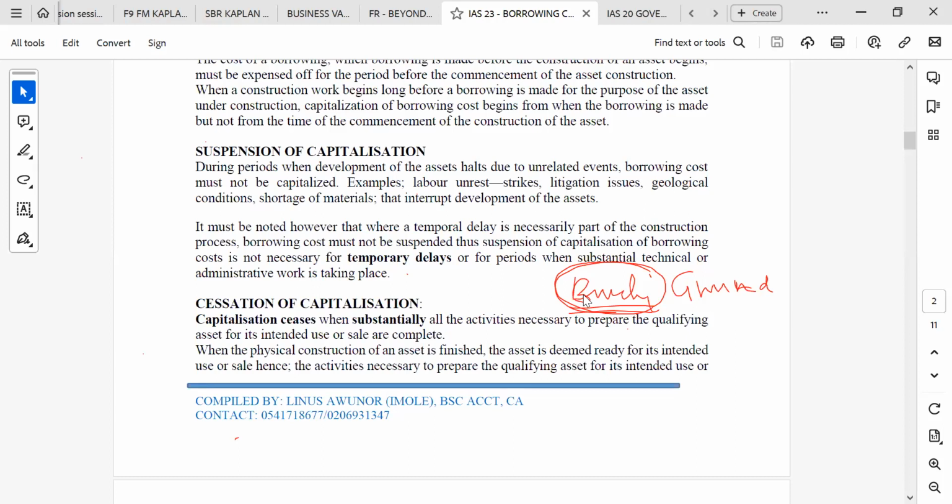So it means that capitalization of the borrowing cost will cease for the part that you have completed. But the part that you are yet to complete, you continue capitalizing the borrowing cost for them. So if the completion is done in stages, the stage that you have completed, capitalization will cease for them. The stage that you are yet to complete, capitalization will continue for them, like a story building.